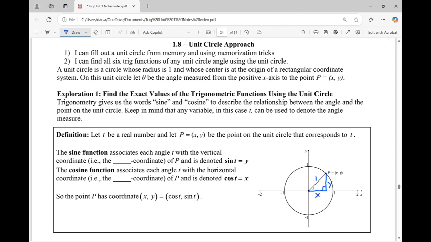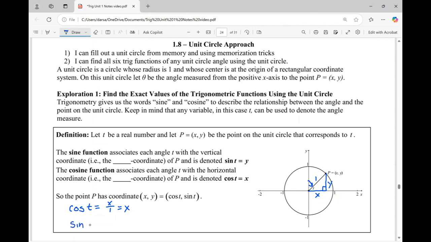Now let's think, if this angle is angle T, what is the cosine of T given this reference triangle? Well, cosine is adjacent over hypotenuse, that's x over 1, or x. So the cosine of the angle is actually just the x coordinate of the point.